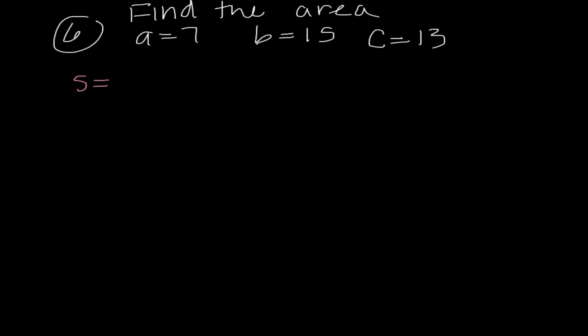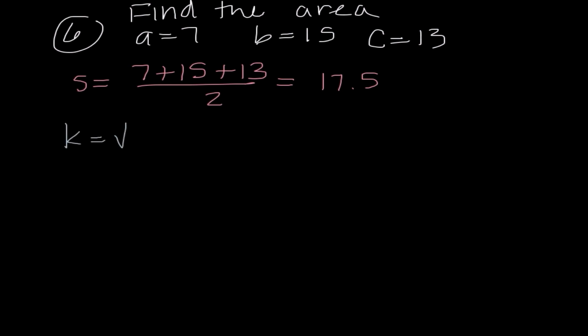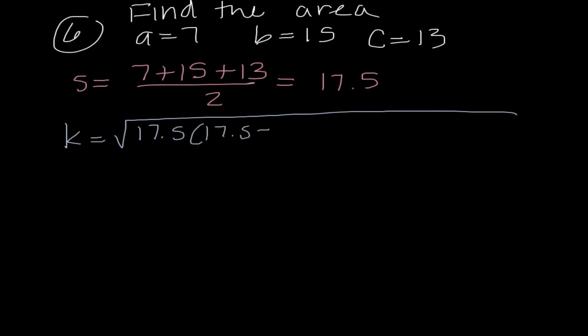So I'm going to go ahead and find the semi-perimeter, which means I'm adding all three sides together and dividing by 2. And I get that the semi-perimeter is 17.5. So our area is equal to the square root of 17.5 times 17.5 minus 7 times 17.5 minus 15 times 17.5 minus 13.